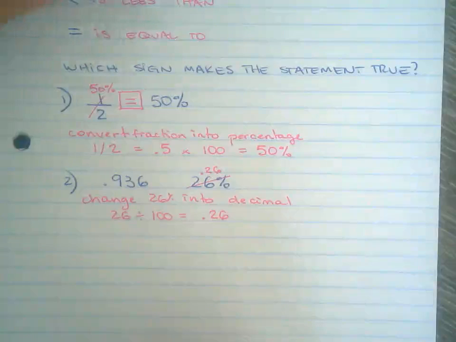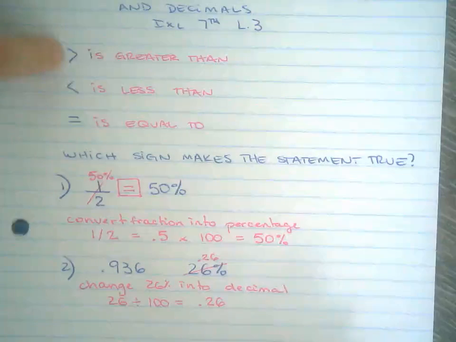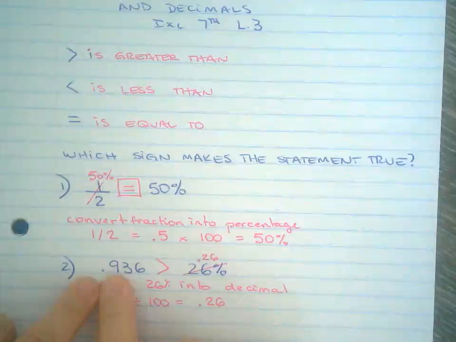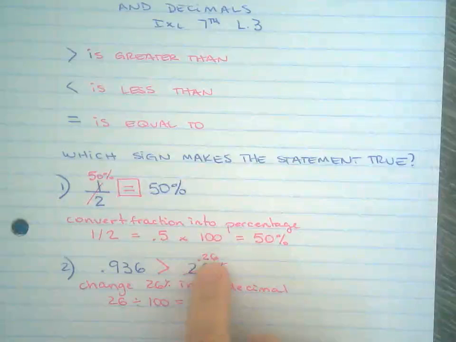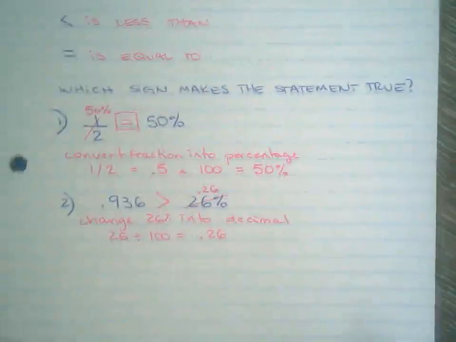So I'm going to choose the greater than sign. So boom, 0.936 is greater than 0.26. Another one.